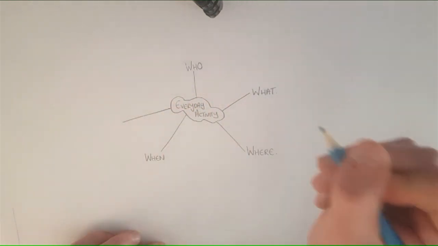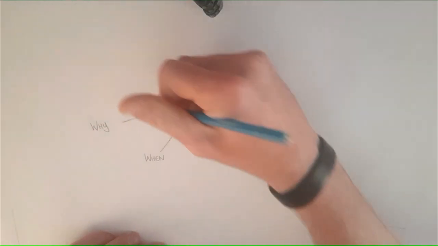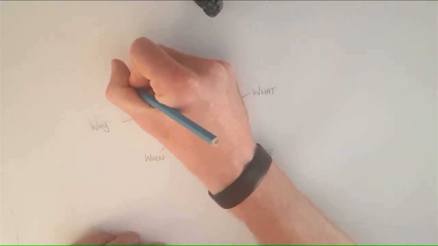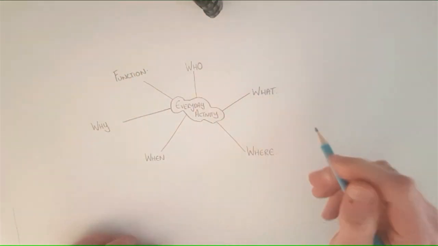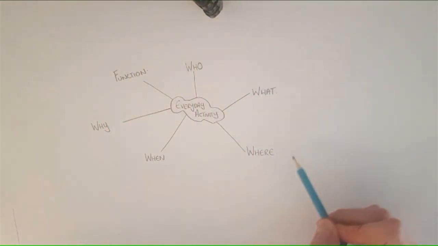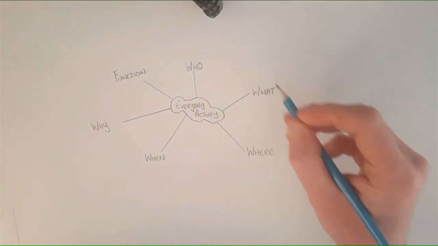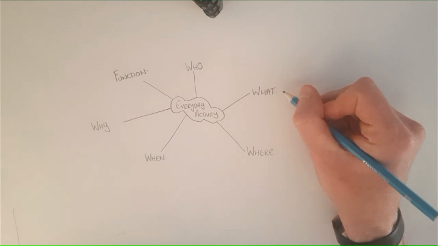The why. And finally, the function. So from all these 6 strands here, sorry, you need to have separate strands coming off them.